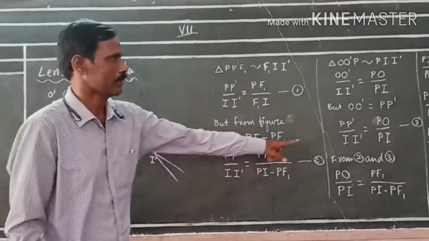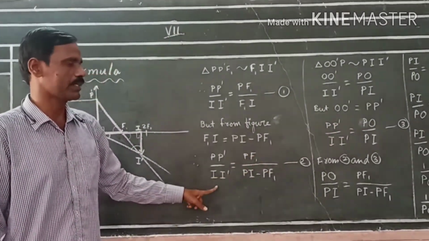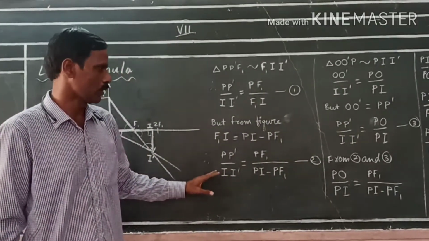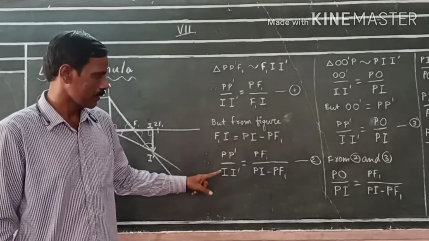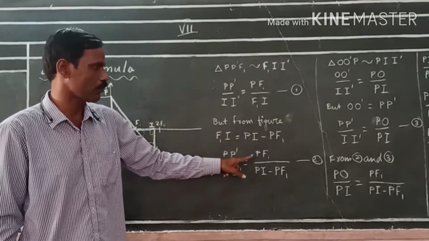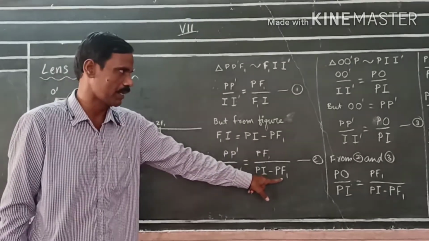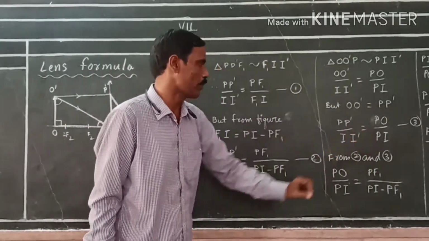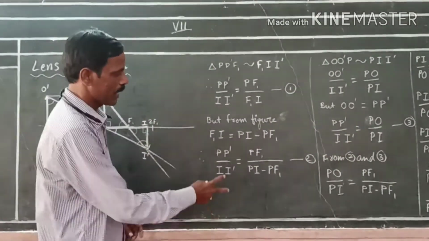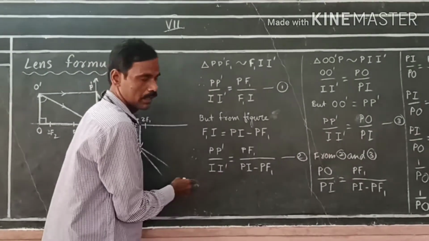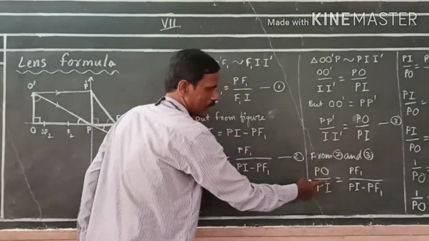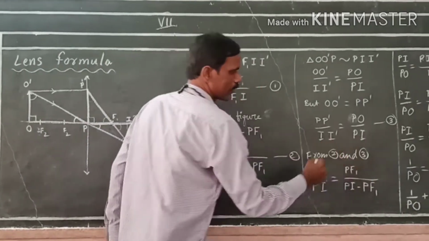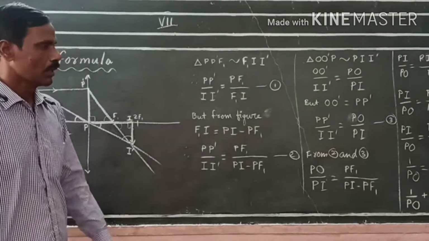From equations 2 and 3, what can we conclude? PP'/II' is equal to PF1/(PI minus PF1), and PP'/II' is also equal to PO/PI. By equating the right-hand sides, we get PO/PI is equal to PF1/(PI minus PF1).